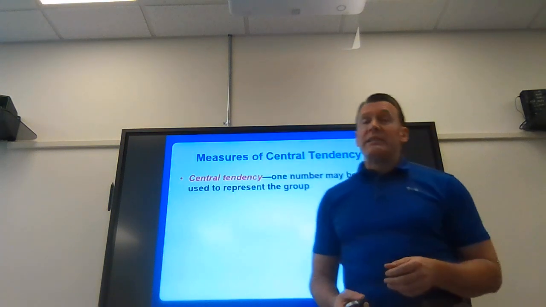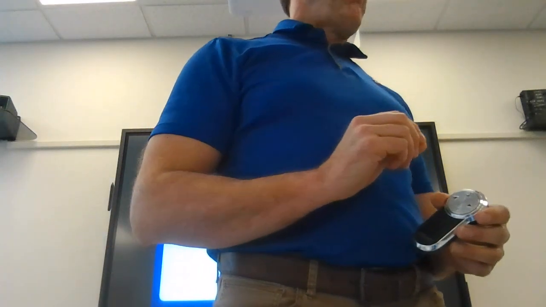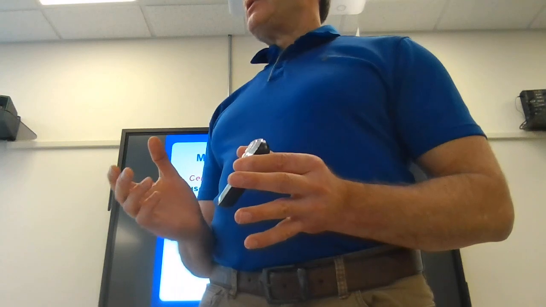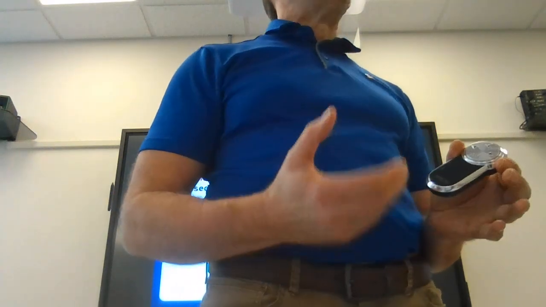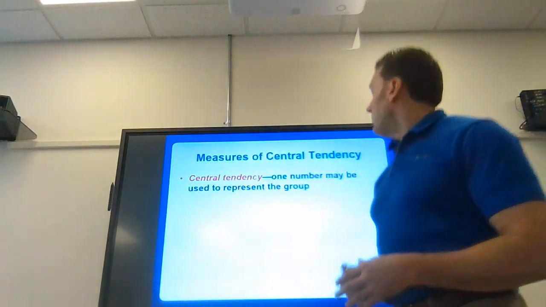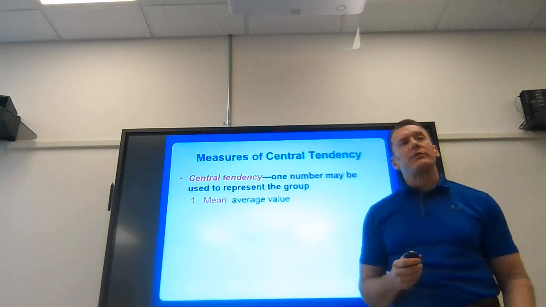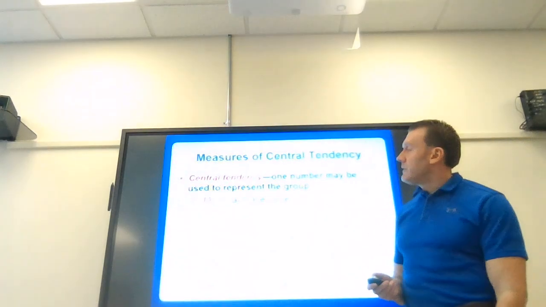Okay, so central tendency. We're using one number to describe a group of people. There are three common measures of central tendency. They are the mean, the average value, which is probably the most often utilized.